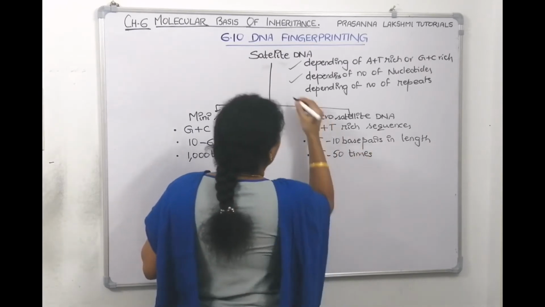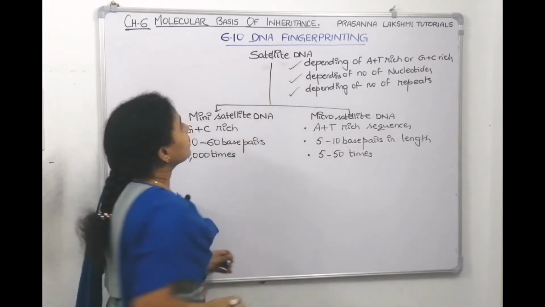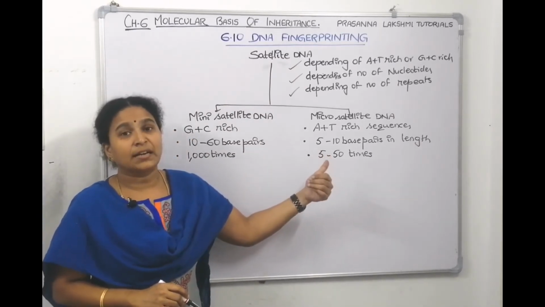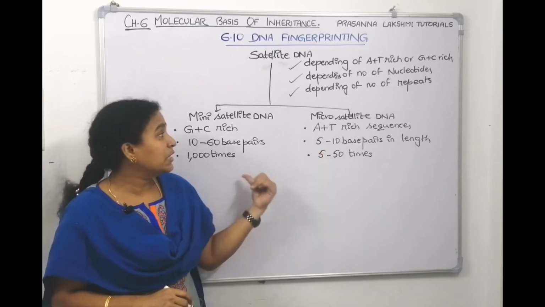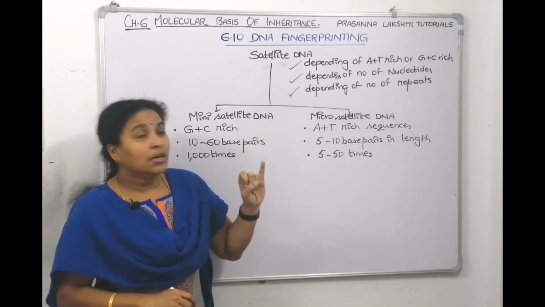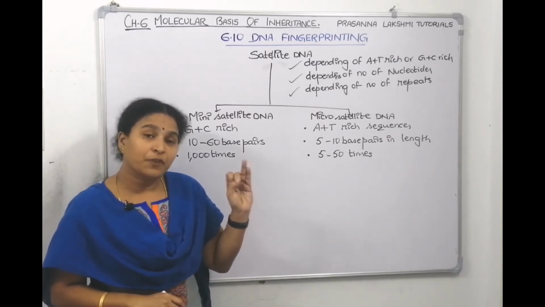So children, I explained all the 3 points. We are telling that the satellite DNA is of two types, mini satellite and microsatellite. On what basis have we divided them? Depending upon whether it's AT rich or GC rich, depending upon the length, meaning the number of nucleotides, and depending upon the number of repeats in the DNA.